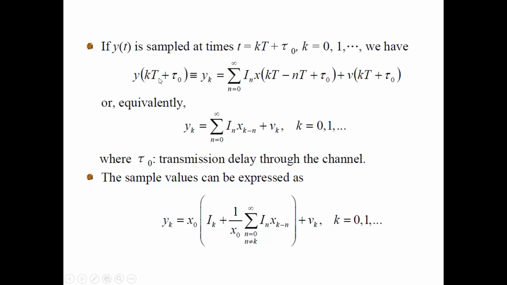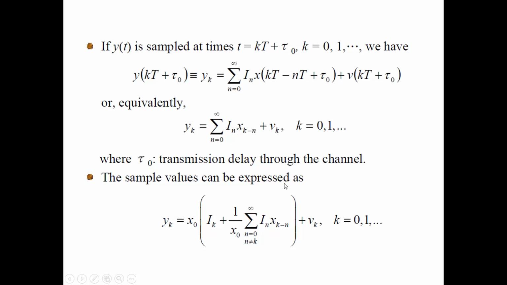We are representing y of small t by kT plus tau_0. We can express this as y_k equal to sigma n equal to 0 to infinity of I_n x of k minus n, which is the convolution of x with the input signal, plus v_k in the discrete form. Of course, v_k is the noise part.